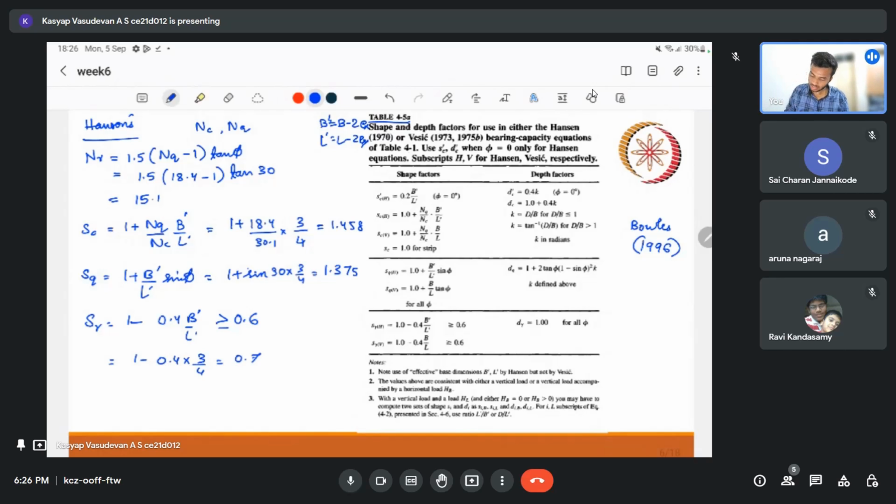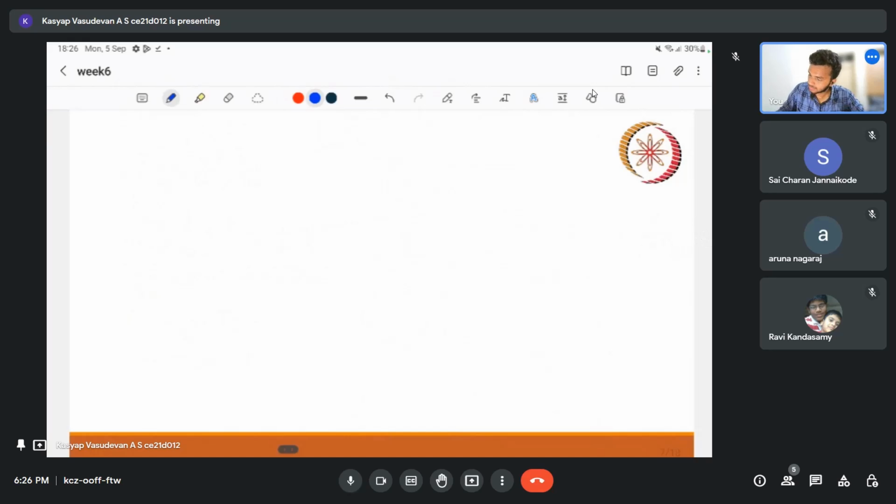Now let us find the depth factors. Depth factor Dc is given as 1 plus 0.4 K. What is K? K is nothing but D by B, and this is only if D by B is less than or equal to 1.